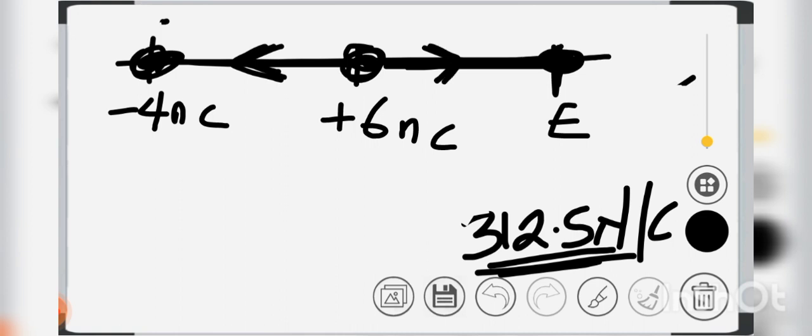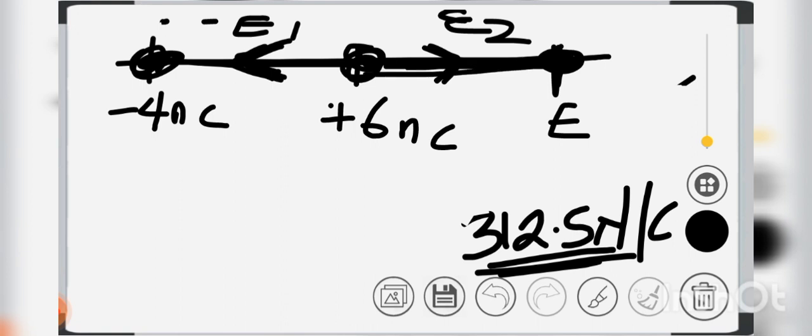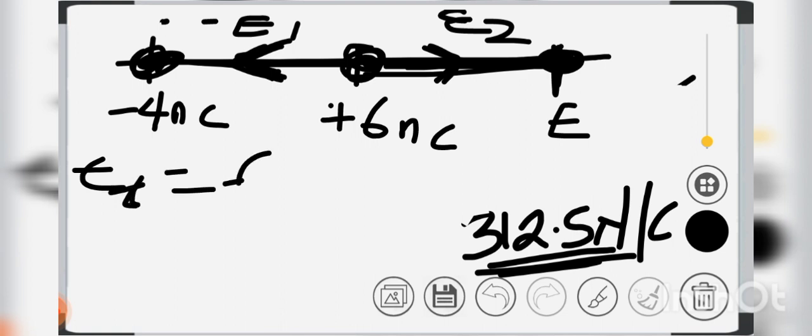If you want to check this charge to that point, it will be coming into this particular place. So this one now is E1 and it's negative because it's coming to the left. This one is E2 and it's positive because it goes to the right. Next thing, to find the total, the total will be minus E1 plus E2.